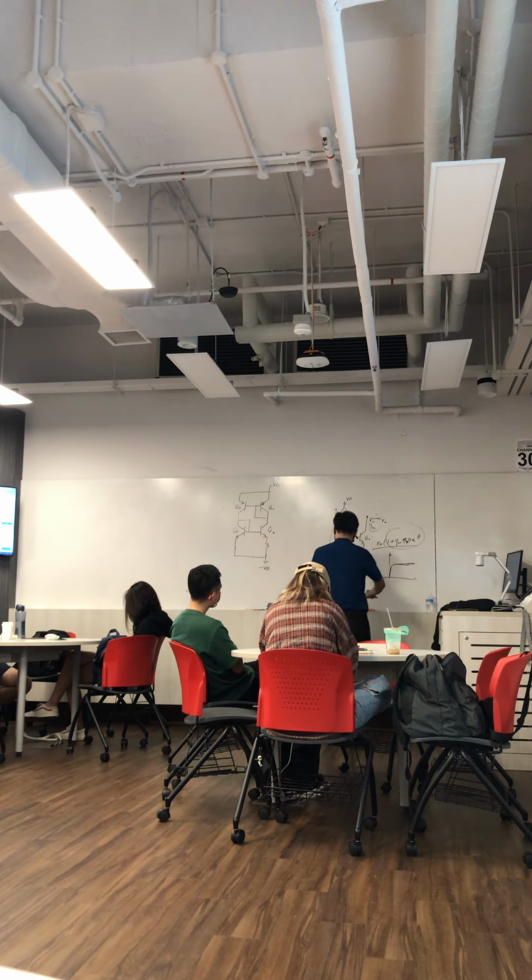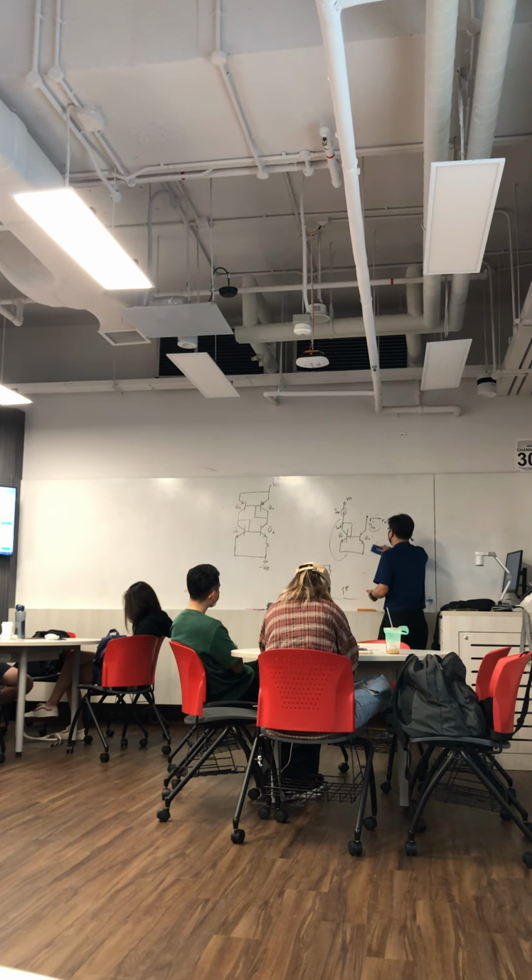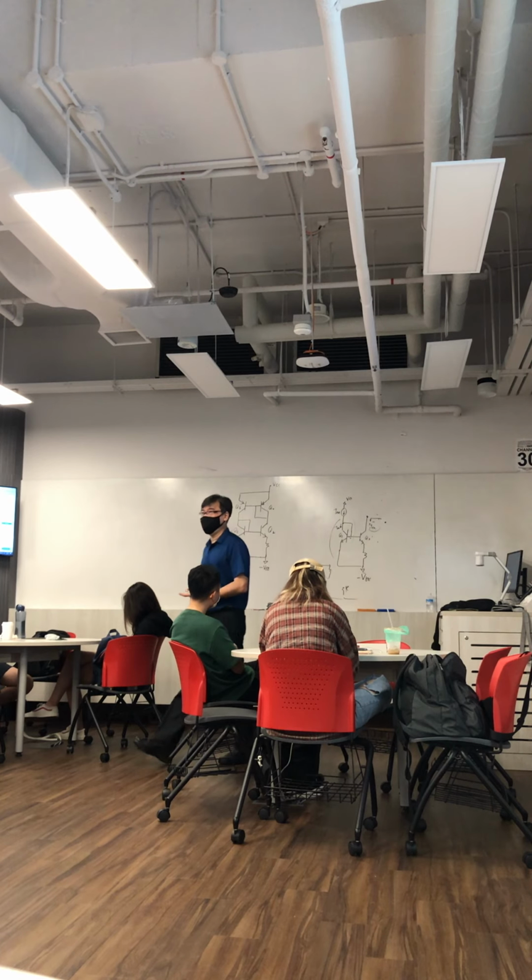So can I do it that way to improve this current, to be less sensitive to voltage change? So yes, by increasing this R out, the AC output resistance, I put the resistor. And this one is called the Widlar current mirror.